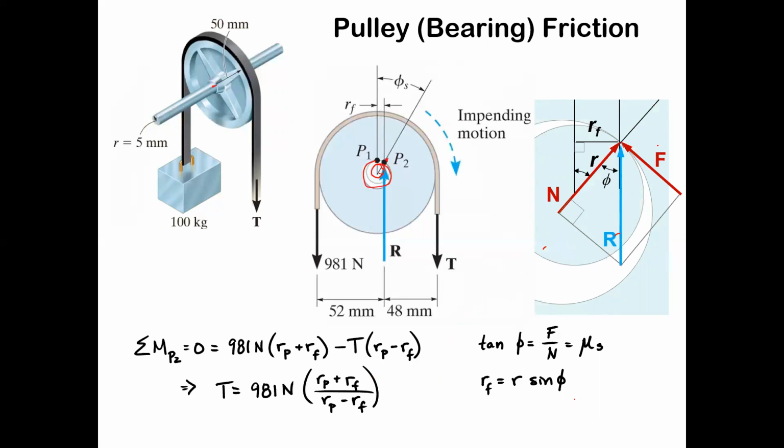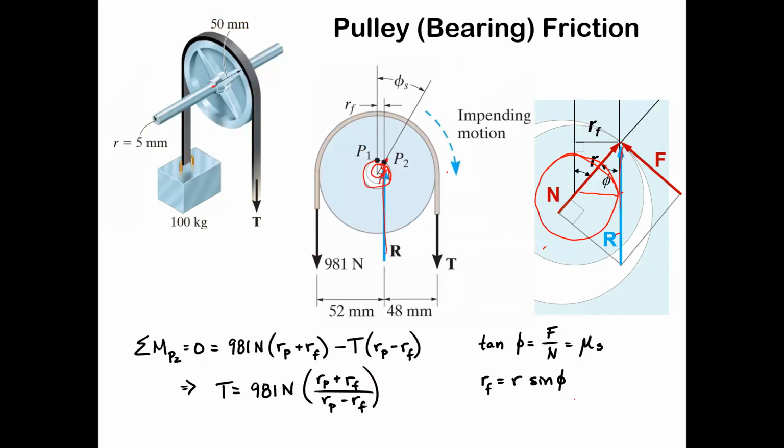Then the size of that distance RF, you can imagine there's a circle like that, and the resultant of the normal and the friction force forms an upward force here that's combating the downward forces of tension. And it's offset by this RF, which gives you a moment. And RP is the radius of the pulley.